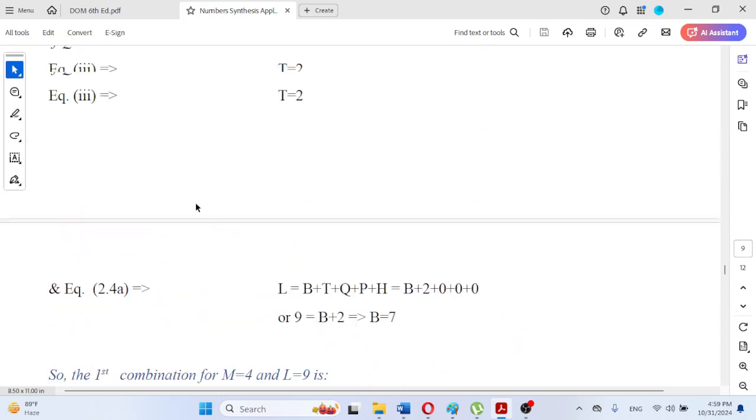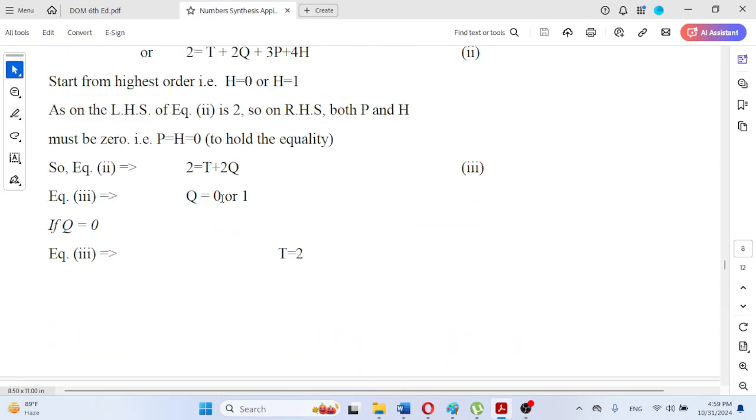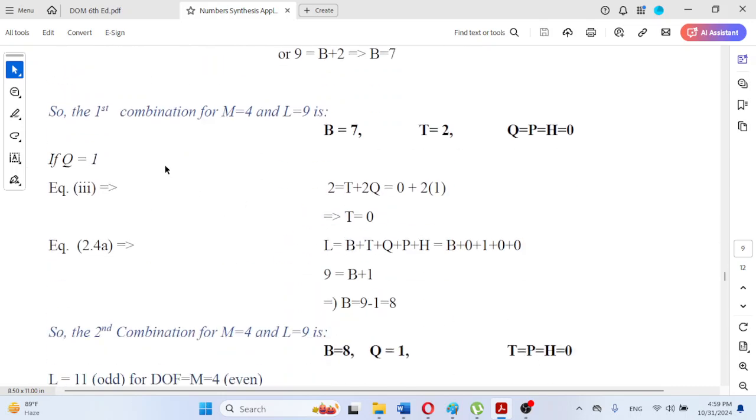Now we will be testing the other value. Q equal to 0 has been tested, and now Q will be equal to 1. If Q is equal to 1, the equation gives T equal to 2 minus 2, so T will be equal to 0.